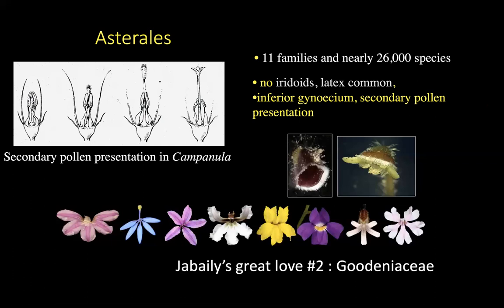They've long since done their thing. So this little dish of pollen then is presented to pollinators. Now, after that, there's a time lag. Later on then, the twin little stigmatic regions emerge from inside of the cup. So there's a time lag so it doesn't pollinate itself. So that's what's going on with secondary pollen presentation in Goodeniaceae. Campanulids does it slightly differently, as we shall see.